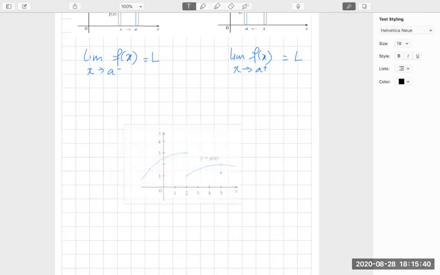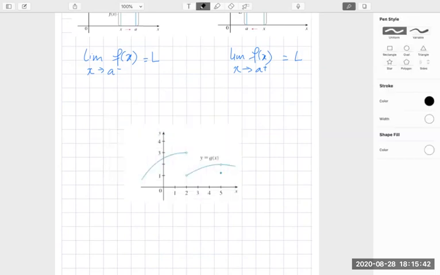Now, look at this example. We are given a graph of a function y equal to g of x, which is defined in two branches. The first one is for any value of x smaller than 2. This is the first branch.